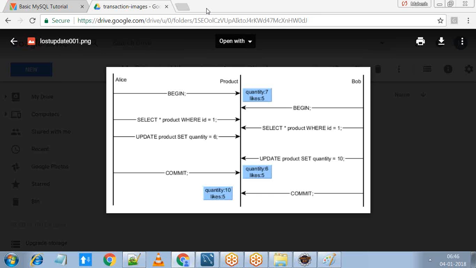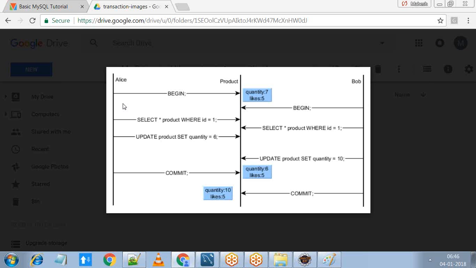So what you understood here: there are names, the persons on whose behalf the transactions are executing. Alice has initiated a transaction and Bob has initiated a transaction. Alice's transaction first begins.